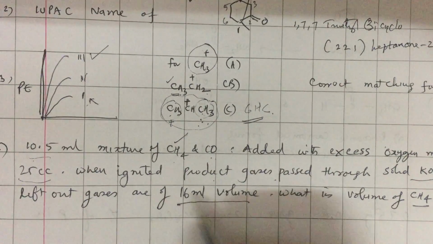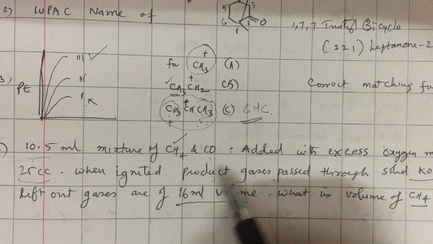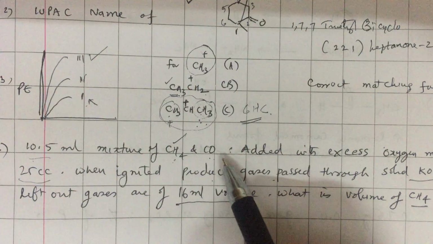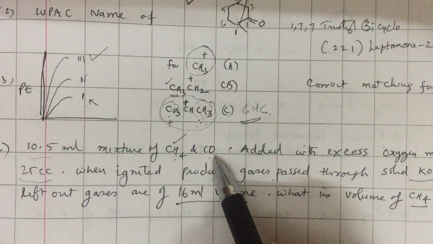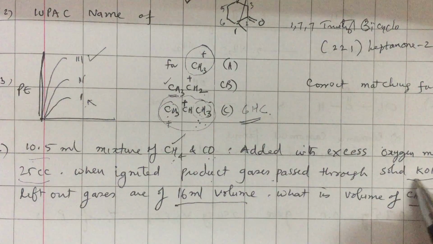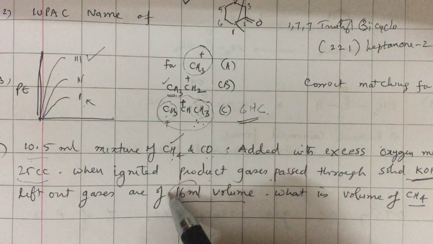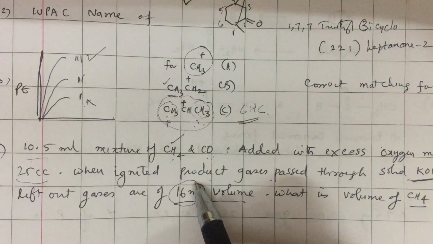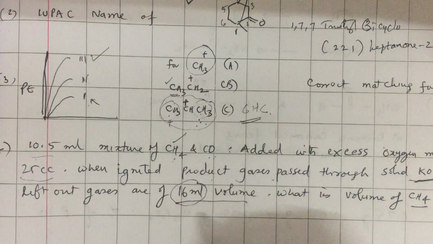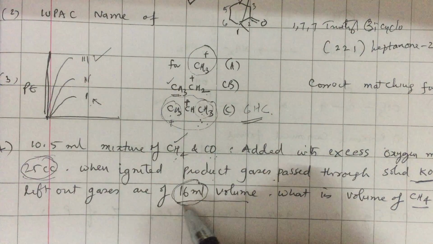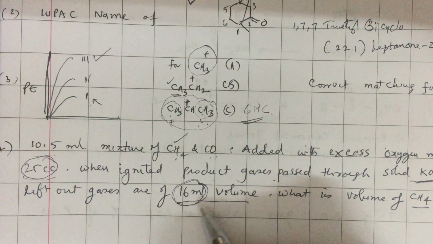This type of problem is telling you that after combustion, the carbon of CH4 and carbon of CO both will be converted into CO2, and CO2 is absorbed by KOH. Therefore, after combustion and cooling, the gas left out must be unused oxygen gas. I started with 25 cc oxygen gas, I am left with 16 ml oxygen gas.